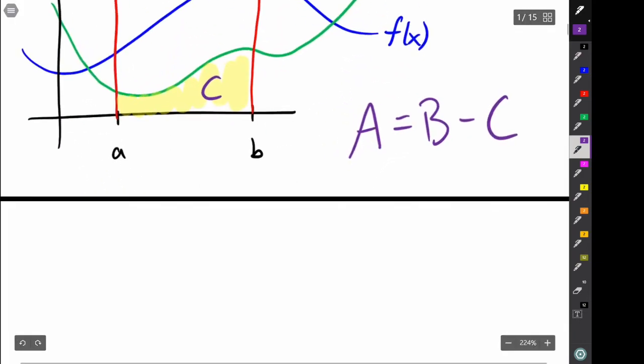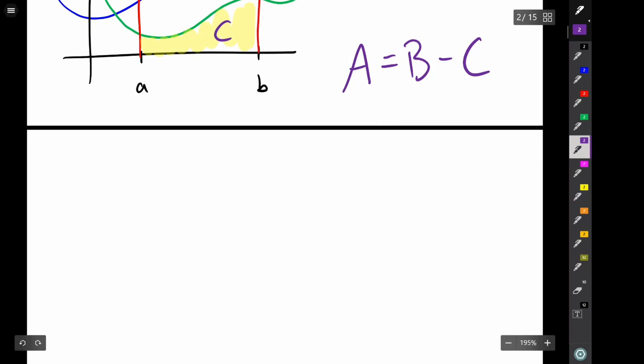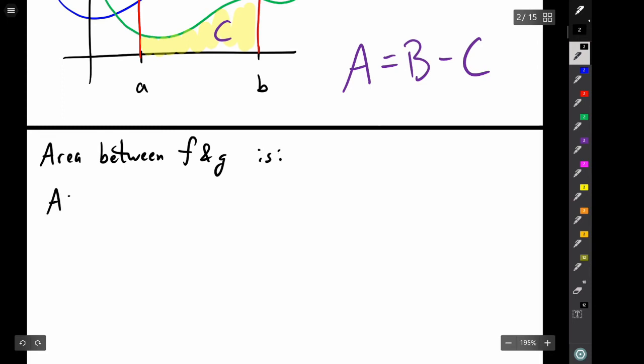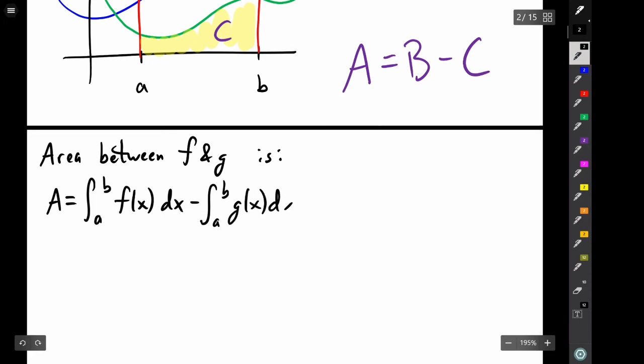So, given that idea, this area that we want to compute between f and g is the integral from a to b of f of x dx minus the integral from a to b of g of x dx.